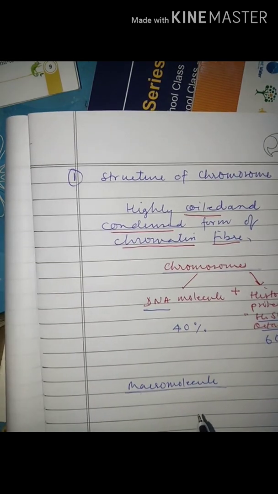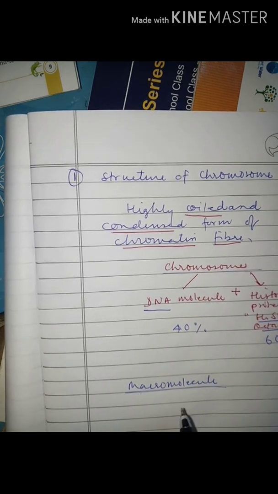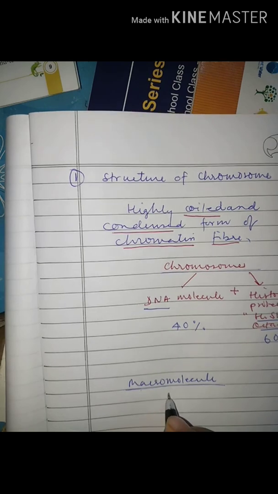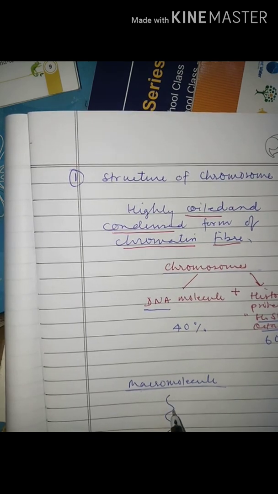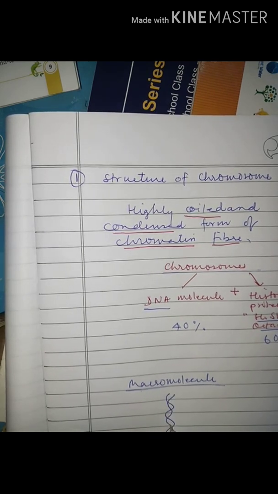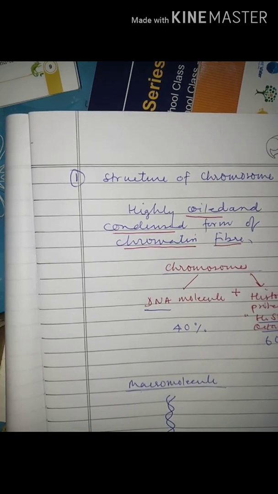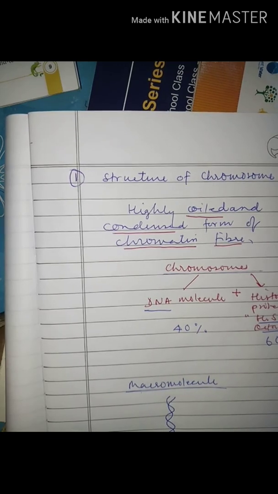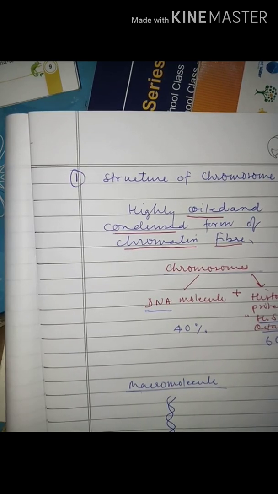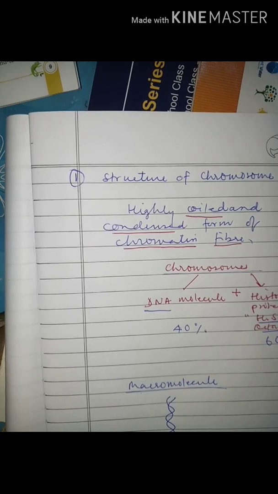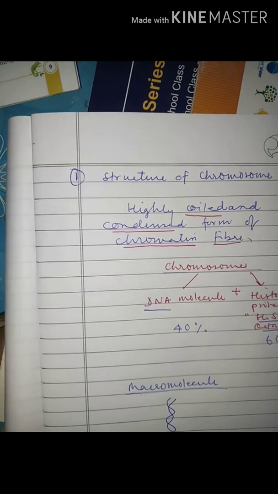This DNA, which is a macromolecule, is composed of two complementary strands wound around each other in a double helix.